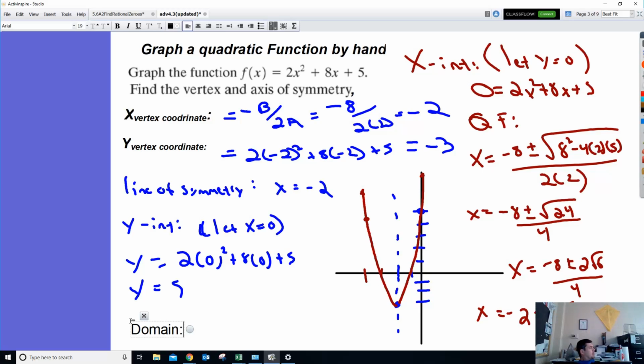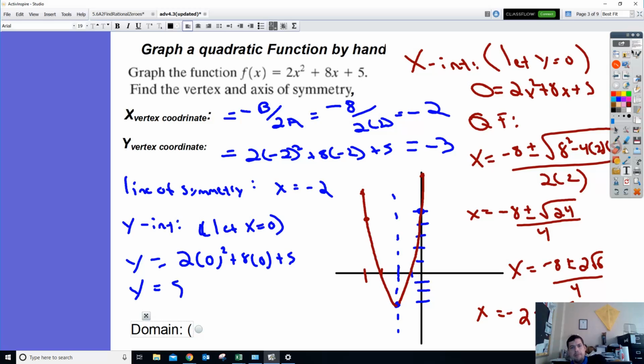What's the domain of that parabola? Does that parabola run forever left and forever right? What's its domain? That's negative infinity to positive infinity. All parabolas have that as domain.